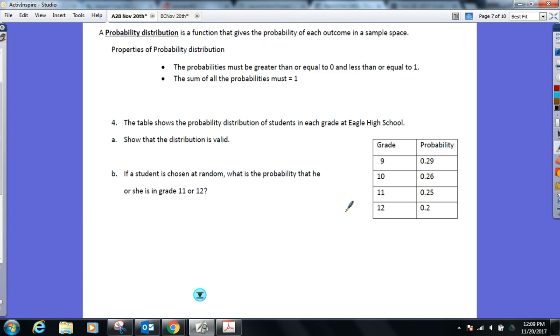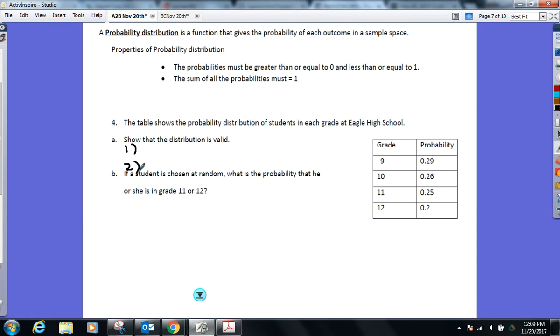All right. First thing I need to do is make sure these tables are legit. Make sure they're valid. How do I show it's valid? 2 ways. Make sure every probability, probabilities can't be bigger than what? Can't be bigger than 1.